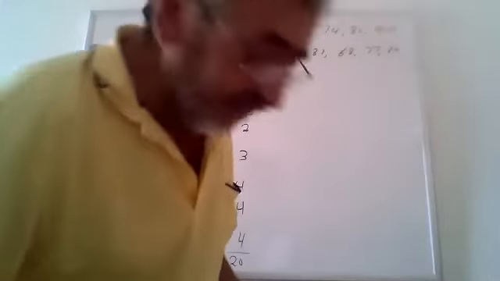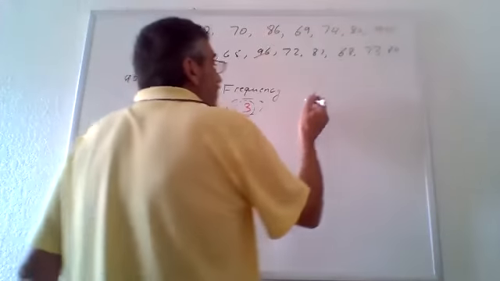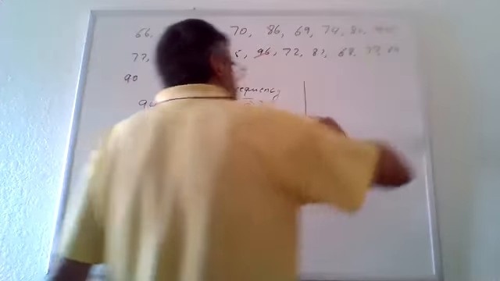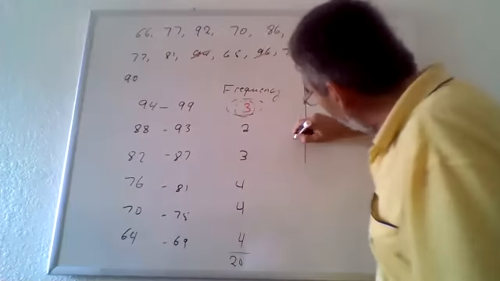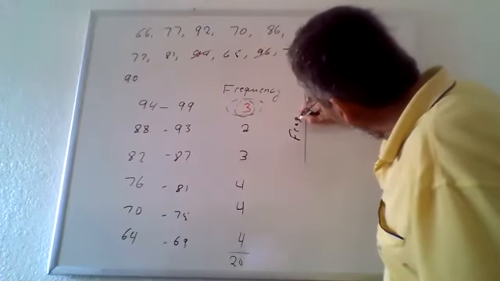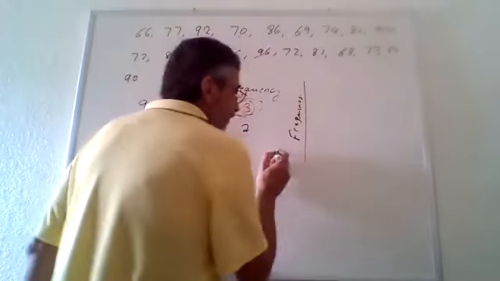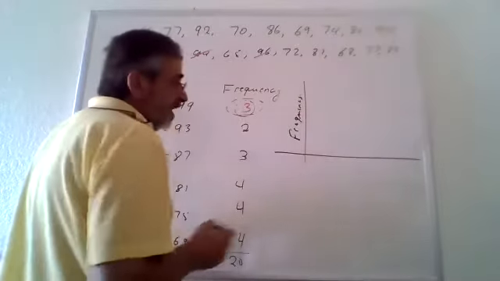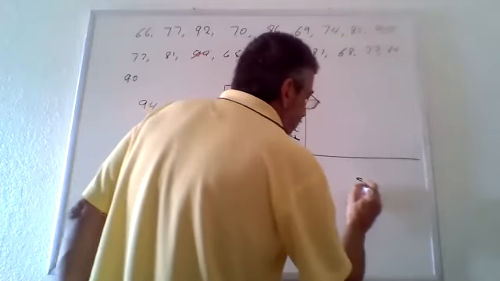So how do I graph the frequency? The first line, that would be your frequency. And then your horizontal line, in this case, is going to be your scores.